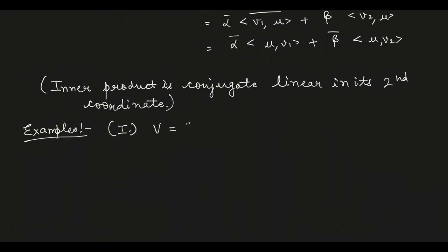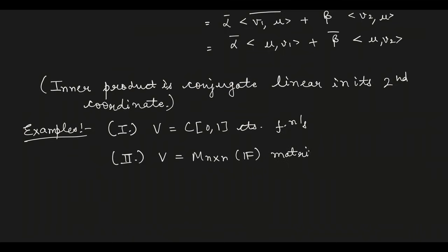Now some examples. First type will be V equal to C[0,1], the continuous functions. Second type will be M n cross n matrices over F, and third type will be tuple form.